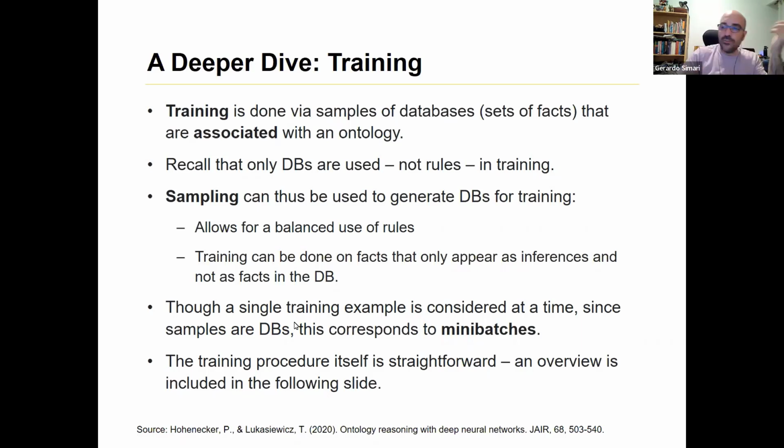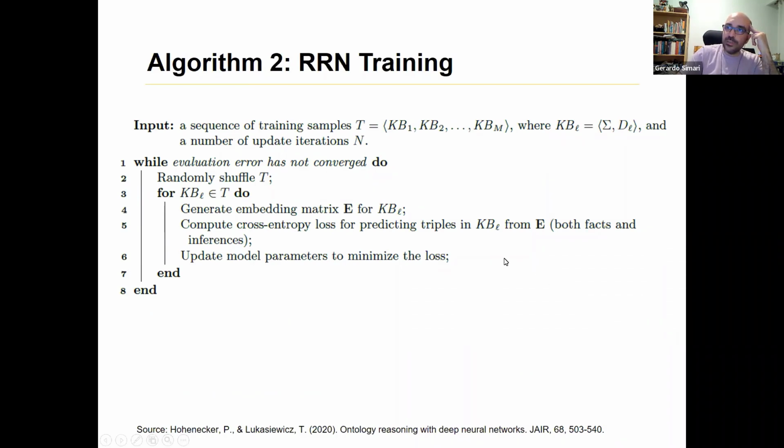And the procedure itself, as I mentioned a couple of times, is straightforward, and the overview is simply this high-level algorithm where you keep going while the evaluation error has not converged, and for each database in the training samples that you have, you generate the embedding matrix, you compute the loss, both from facts and inferences, update the model parameters to minimize the loss, and keep going. Right. So the training, there's nothing new here in the training process.